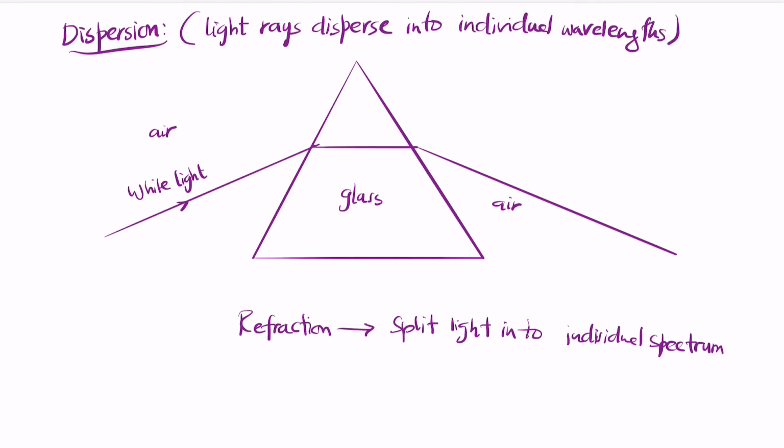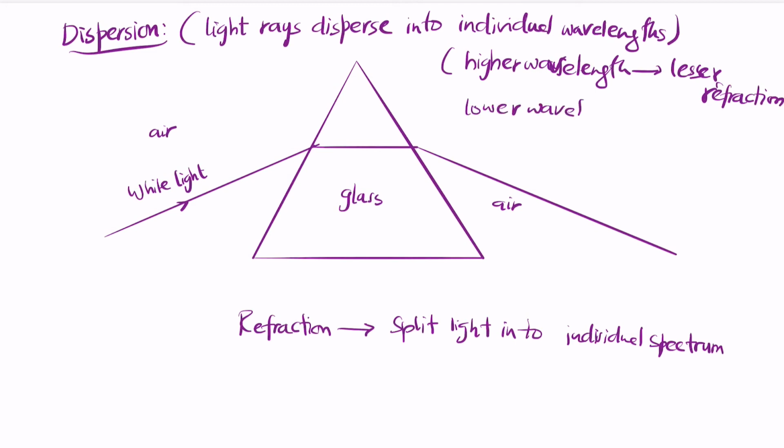The ray with the higher wavelength has lesser refraction. The ray with the lower wavelength has a higher refraction.